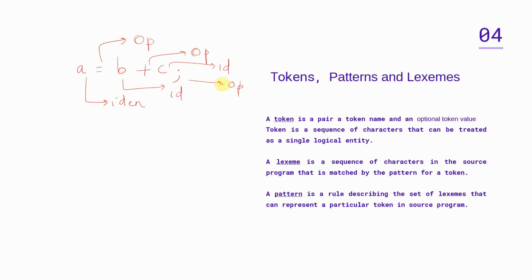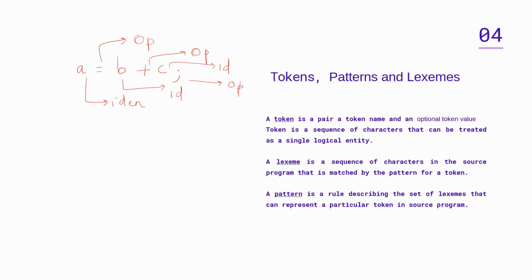So identifying the constituent units in this programming statement gives us our tokens. A, that is identifier, is one token, is equal to, operator, is another token, B, that is identifier, is the third token, plus as operator is the next token, C as identifier is the next token, and semicolon as operator.